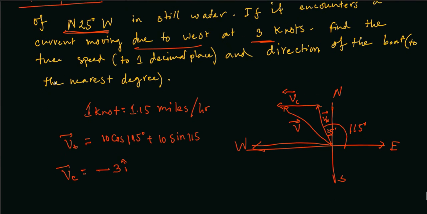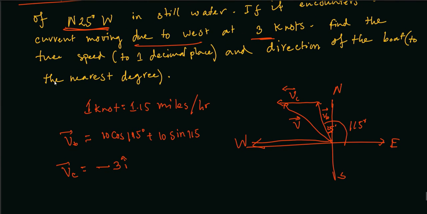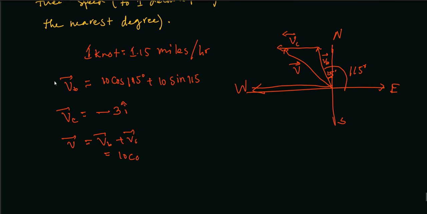So our vector addition law, V equals VB plus VC, which is equal to 10 cosine 115. I think I missed i and j here, so I should put i here and j here. We can put i in front or at the end, it's not a big issue.